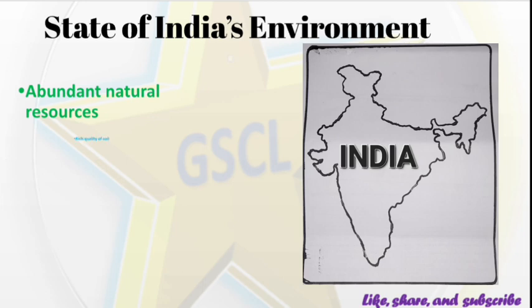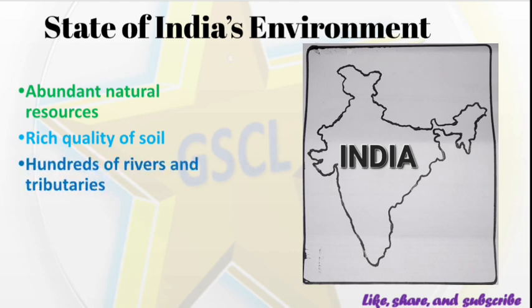It has rich quality soil in the northern plains as well as in the coastal plains. Many perennial rivers such as Ganga, Yamuna, and non-perennial rivers such as Krishna, Kaveri flow on this land.